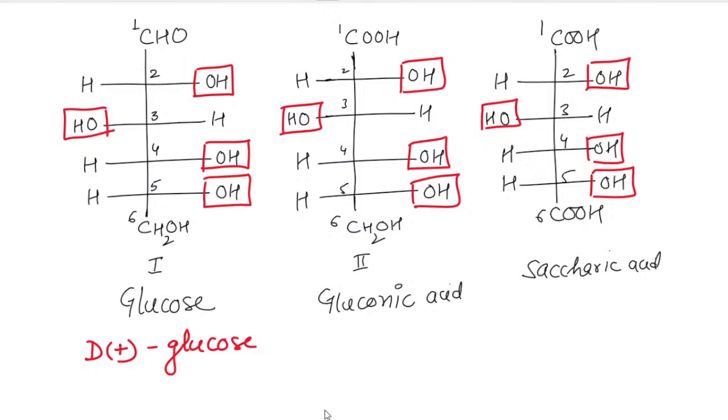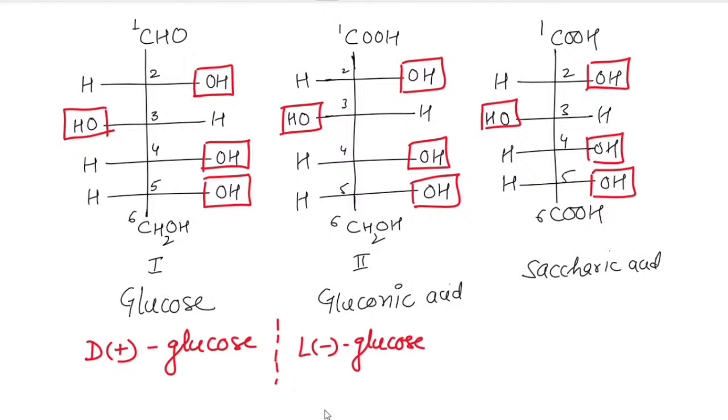You know now glucose is optically active, so obviously its enantiomer should be L negative. If it is D plus glucose, then its mirror image should be L negative glucose.